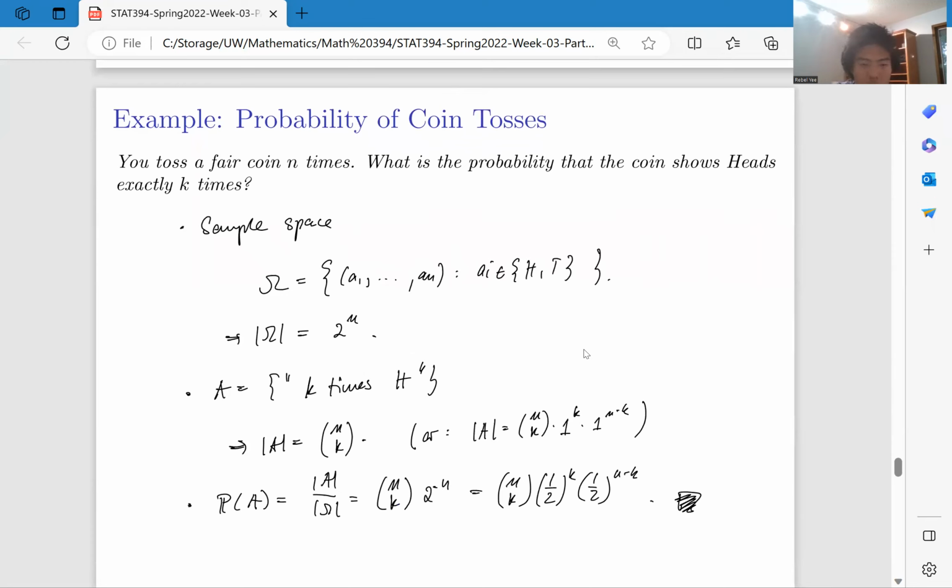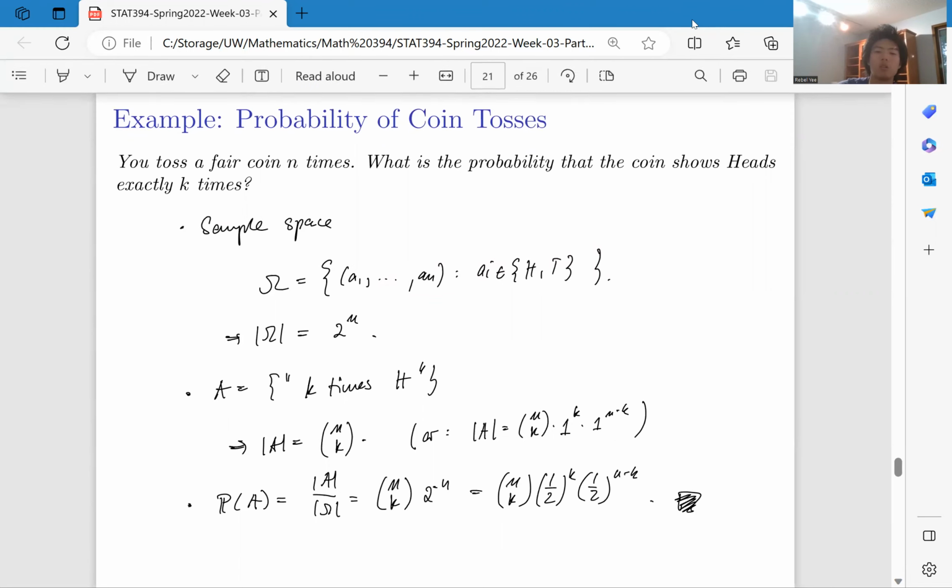First, we'll consider the sample space. Because you choose k times, it must have the size k. Because you toss n times, it must have a size of n. So the tuple here is a1, a2, a3, a4 up to an. And that's how we got that.